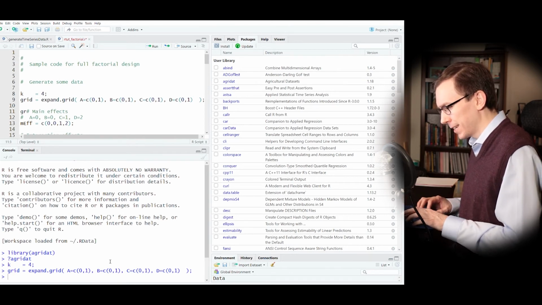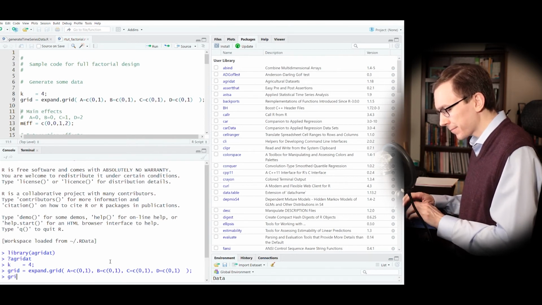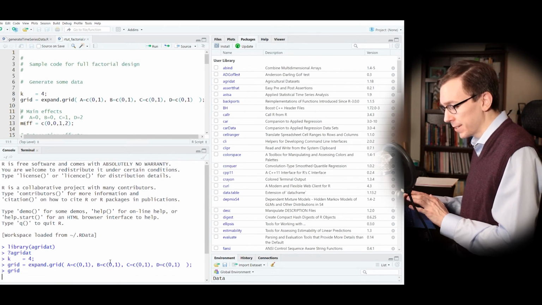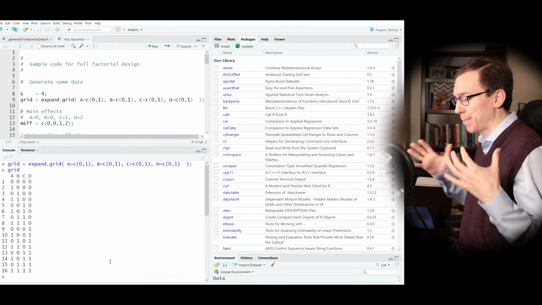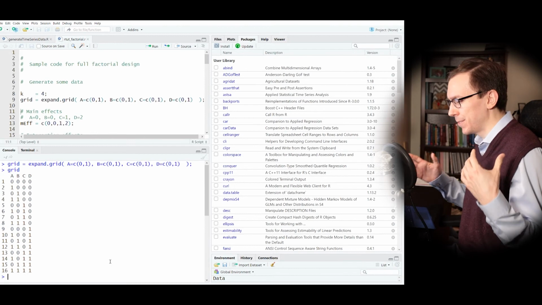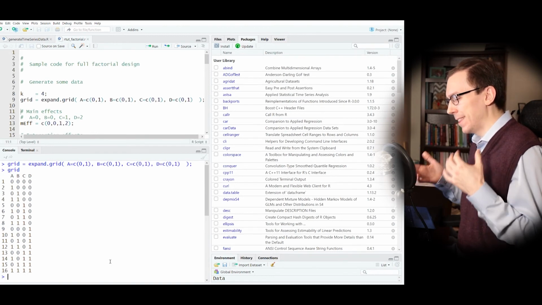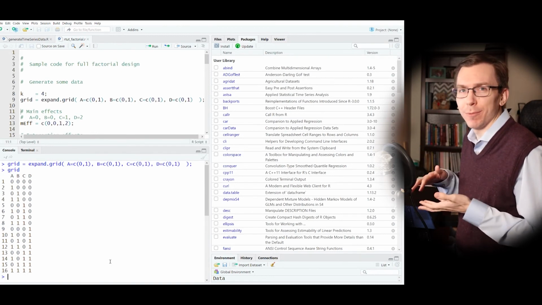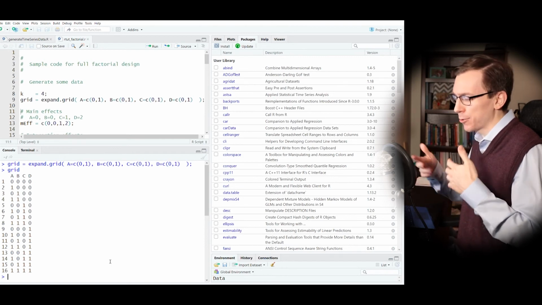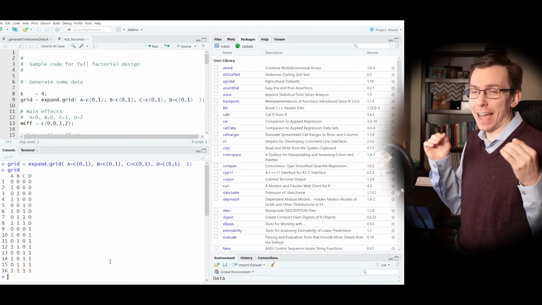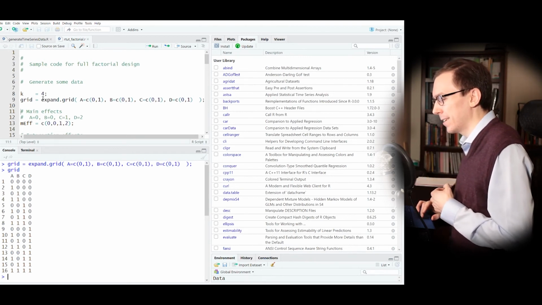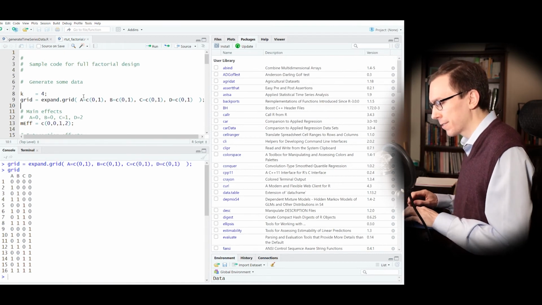I want to type down here to show you what expand.grid does. It now does every possible combination of 0 and 1. In this case, I'm using 0 and 1 rather than plus or minus 1, but it's really the same thing. They're just factor levels, not specific numerical values.